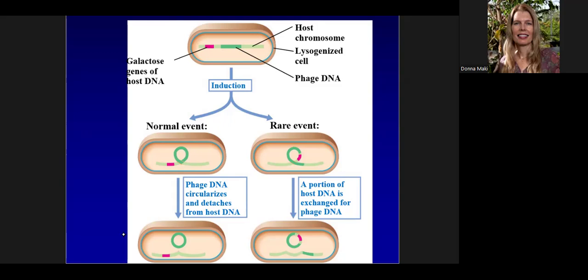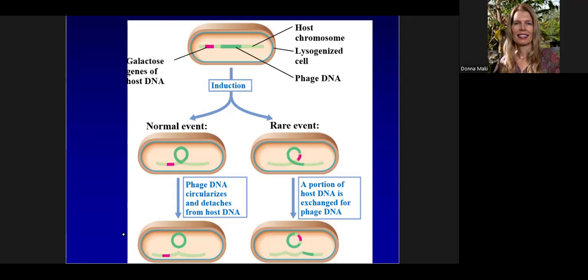What color is the DNA here? Green. It's all green. What color is the DNA here? It's not all green. All right, so this is specialized. They're saying every once in a while, it's not hugely common, but every once in a while, when the phage DNA becomes active and it starts to cut out of the chromosome, it's sloppy and doesn't just grab just the phage DNA.